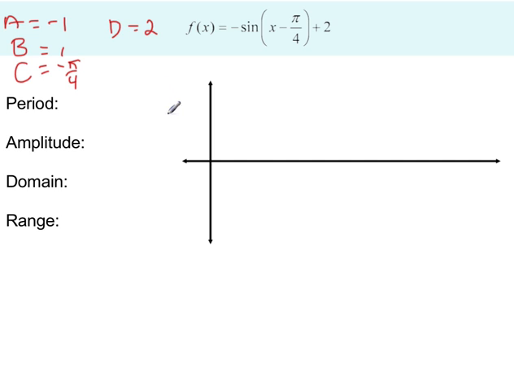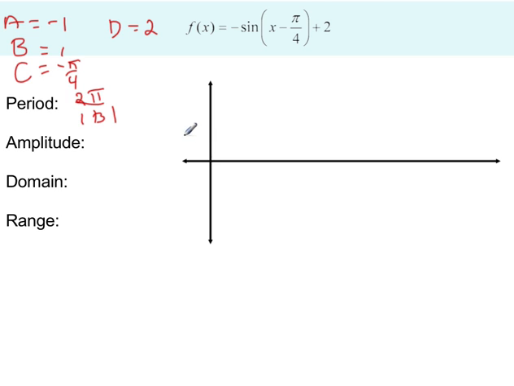Now, the first thing I'd like to do is figure out the period of my transformed graph. The parameter over here that affects the period is b. We always find our period by taking the parent function period divided by the absolute value of b, because if you remember, b is your horizontal stretch shrink.